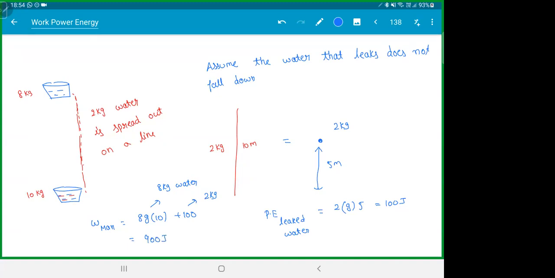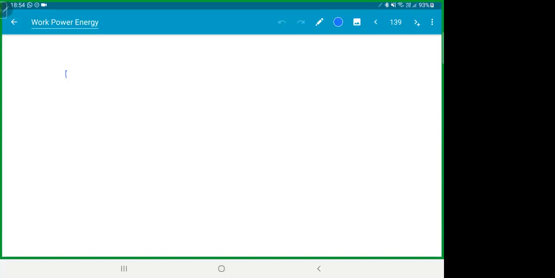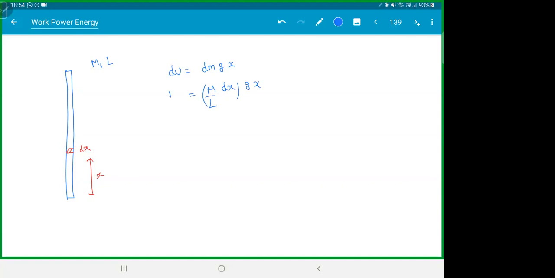Now see, how does this work? This works for any linear object. Suppose you have a vertical rod like this, mass m and length l. At a distance x from the bottom, take a small piece. The potential energy for this small piece will be dm g x. What is dm? Mass by total length into dx. That is the mass of that small piece into x.